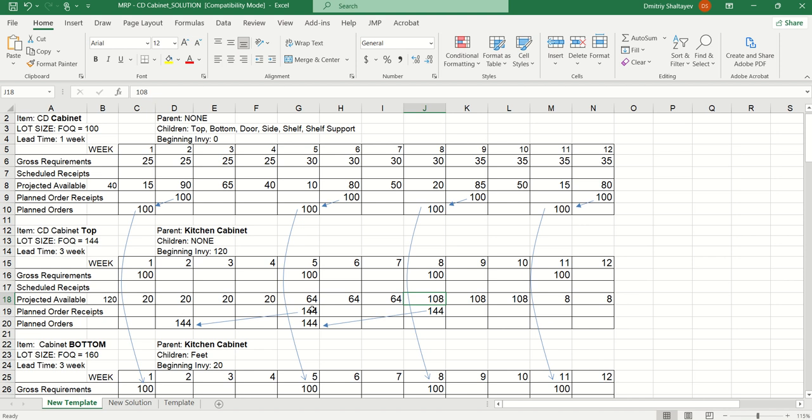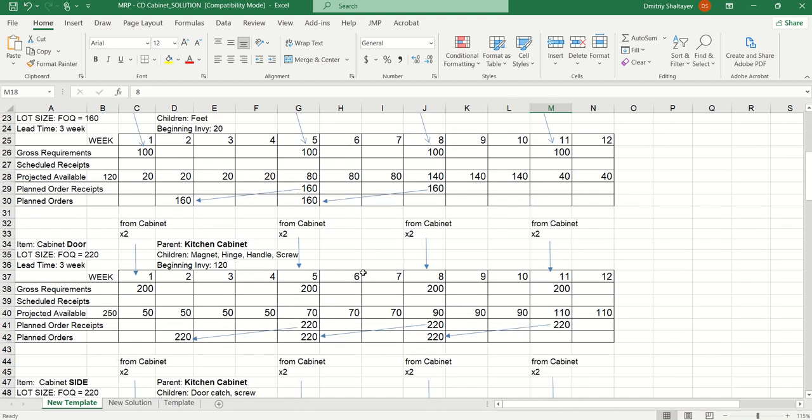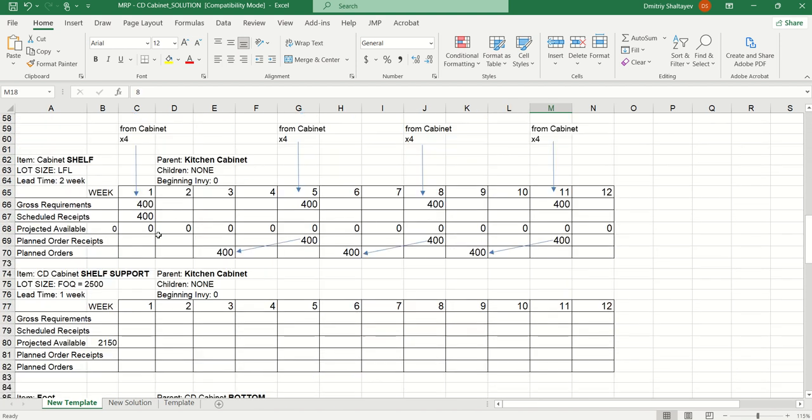So we order batches of 144, inventory accumulates to the point where over here we don't actually have to place an order in week 11, right? We accumulated 100 units of tops in the warehouse, requirement is 100, so we don't actually need to receive any batches, right? We can just use existing inventory. But in the lot for lot, you can see that I don't really need to carry inventory. Production is done pretty much as needed, right?